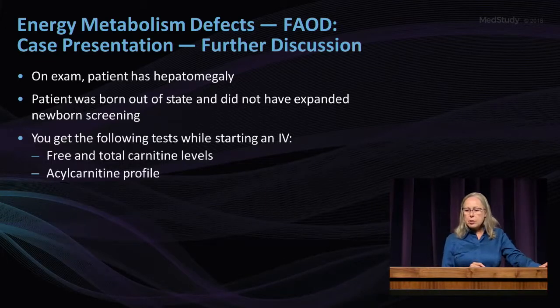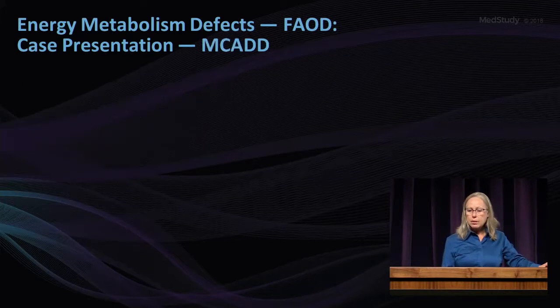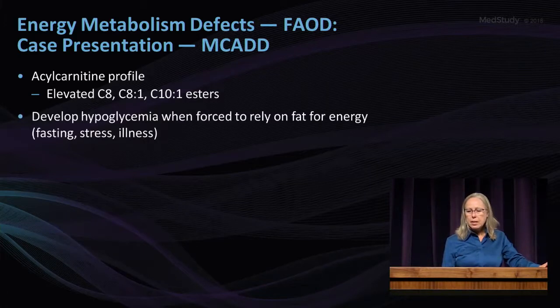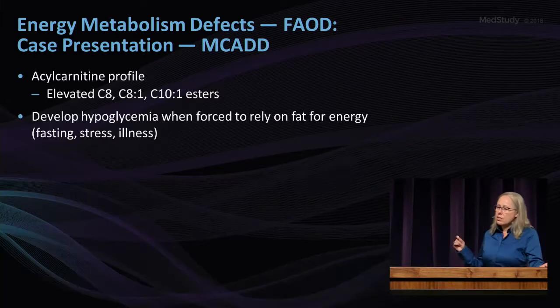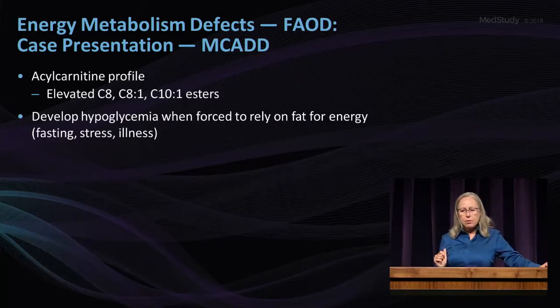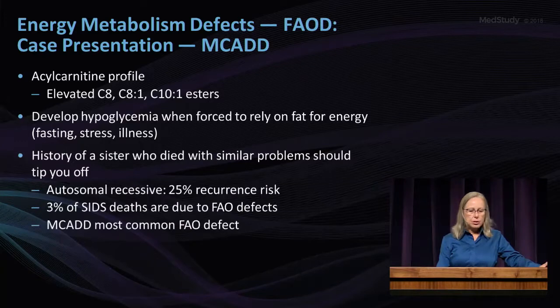You get the following test while you're starting your IV: a free and total carnitine and an acyl-carnitine profile. About 2 weeks later, your acyl-carnitine profile comes back with an elevated C8, C8-1, and C10-1. So this is MCAD. That was the pathognomonic pattern for that. These kids will develop hypoglycemia when they're forced to rely on fat for energy, fasting, stress, or illness.